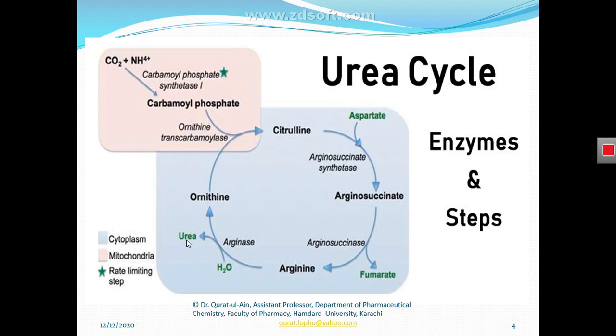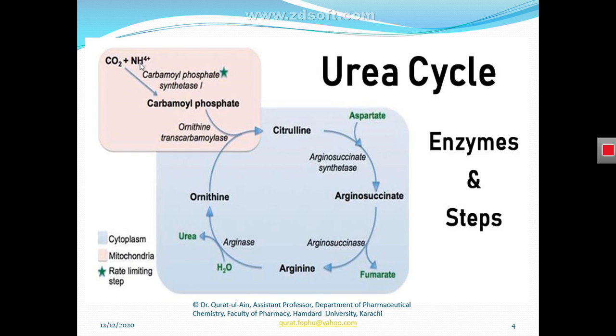So what happens with this urea? The urea then enters your blood. From your blood it reaches the kidney, and from the kidney it reaches your renal tubules, and from the renal tubules it is excreted out of your body, because this urea is very soluble in water and less toxic.